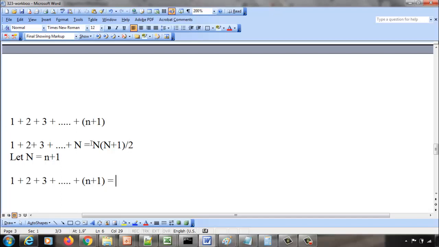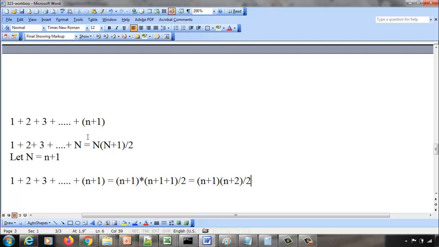Instead of uppercase N, we have n plus 1 times, instead of uppercase N, substitute n plus 1, plus 1, there's another plus 1, then the whole thing divided by 2. So that's why this is n plus 1 times n plus 2 divided by 2.